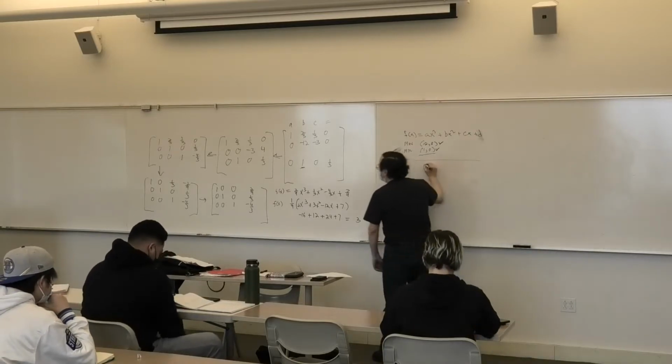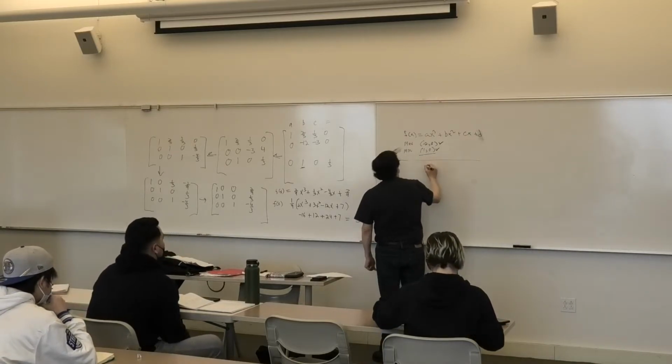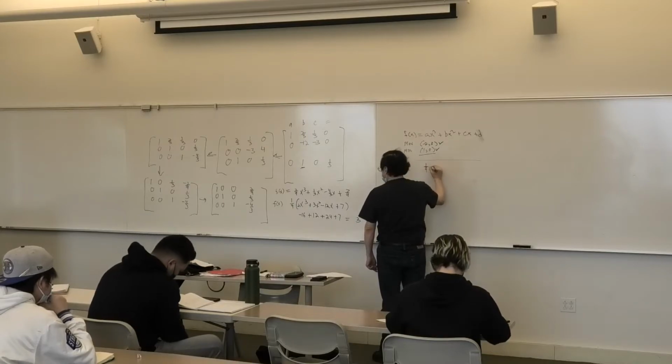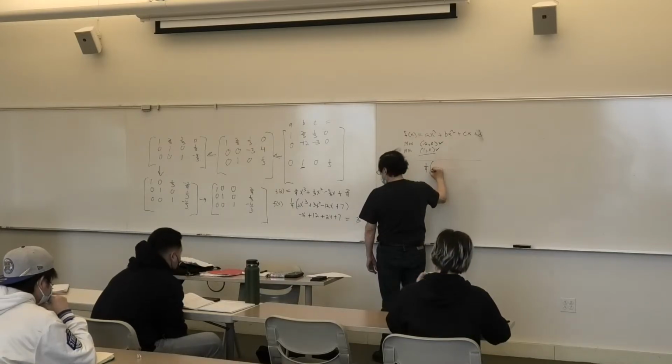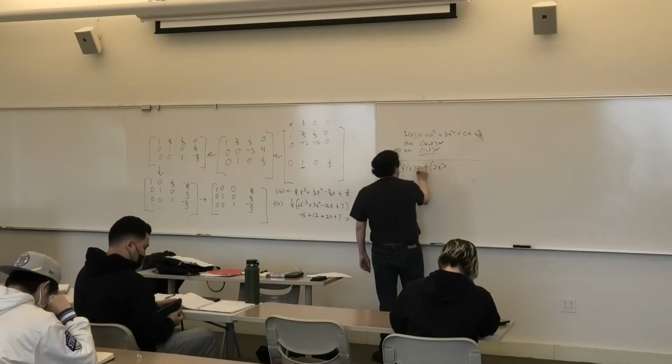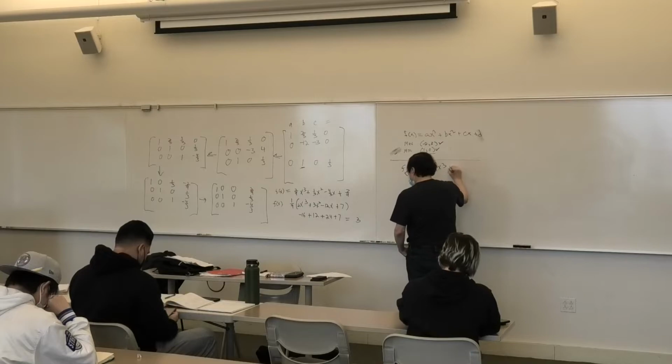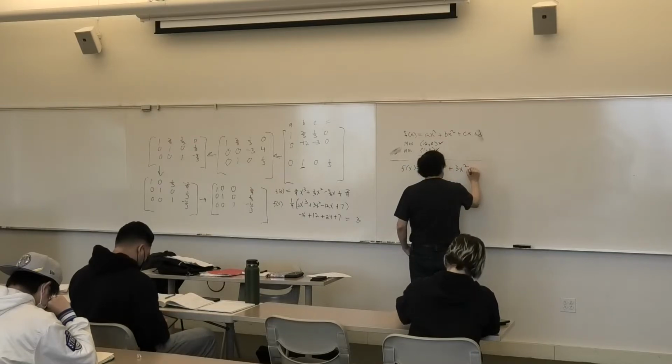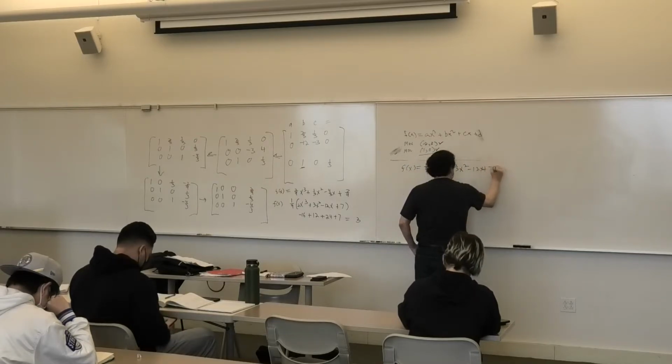So this is, what did we decide? It's 1/9 times 2x cubed, this is f of x, plus 3x squared minus 12x plus 7.